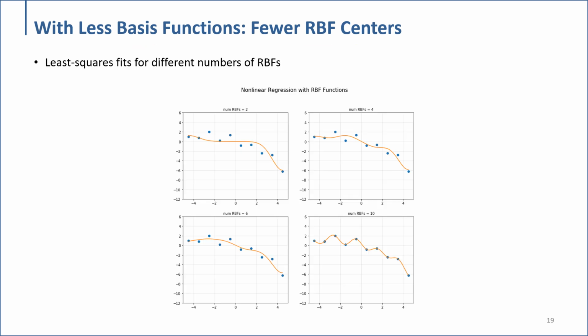As you can see here, with fewer basis functions, when the number of RBFs is just 2, 4, and 6, and then 10, we can see that as we keep increasing the number of RBF centers, the overfitting problem happens. So one way is reducing the number of RBF centers to avoid this overfitting problem.